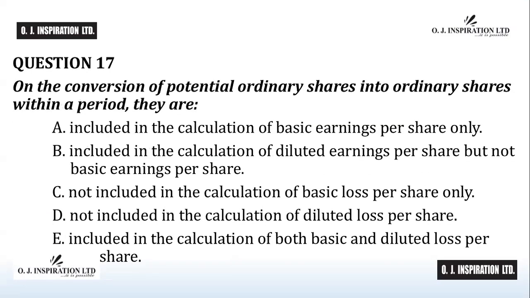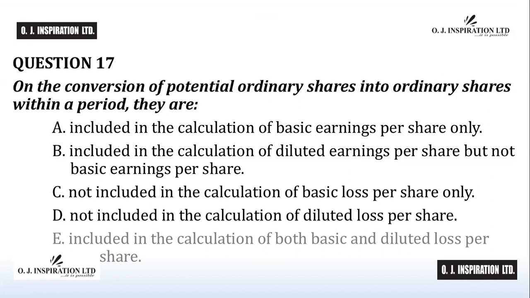Question number 17. The answer to question number 17 is E. Included in the calculation of both basic and diluted loss per share. On the conversion of potential ordinary shares into ordinary shares within a period, the effect is that the shares are no longer only considered in diluted earnings per share computation.